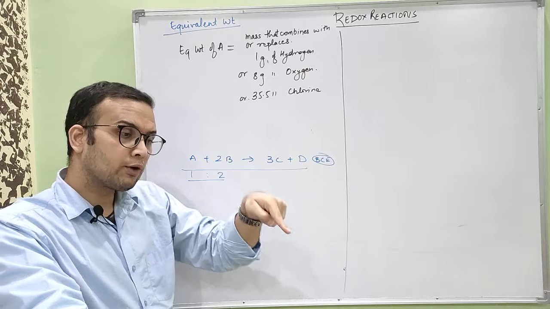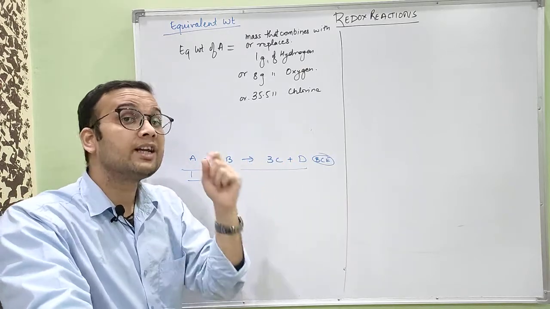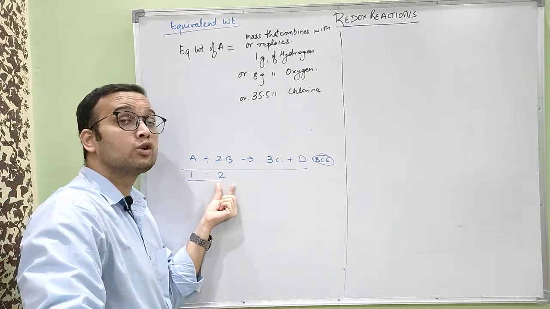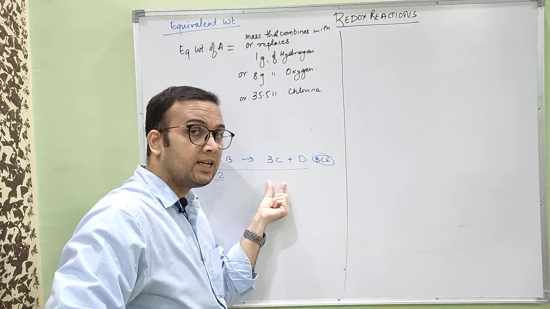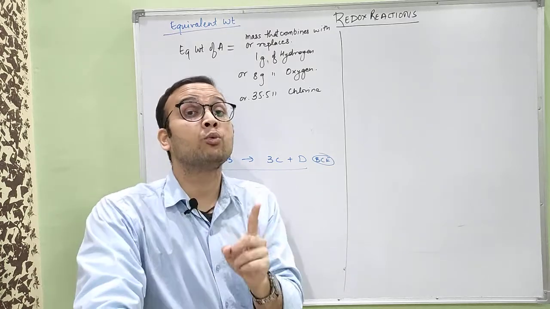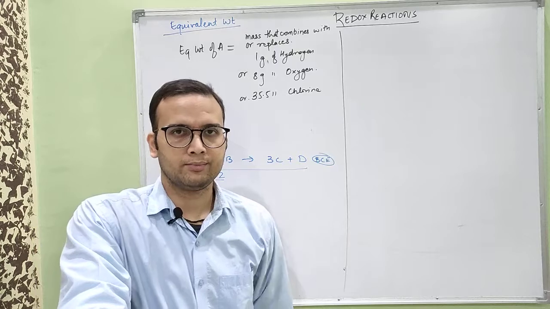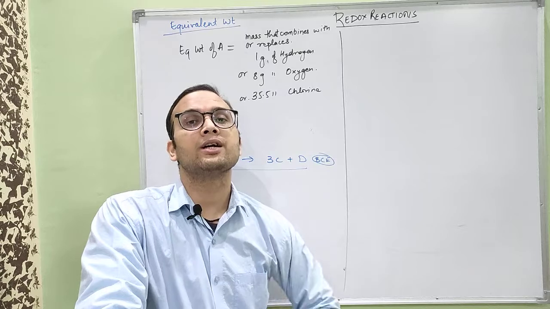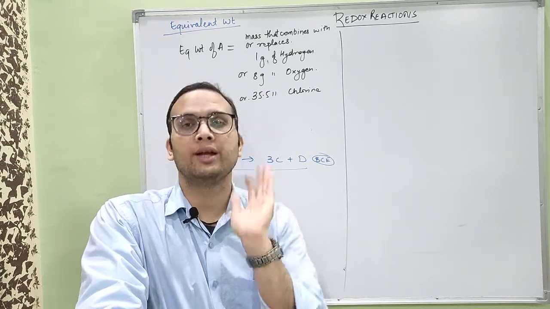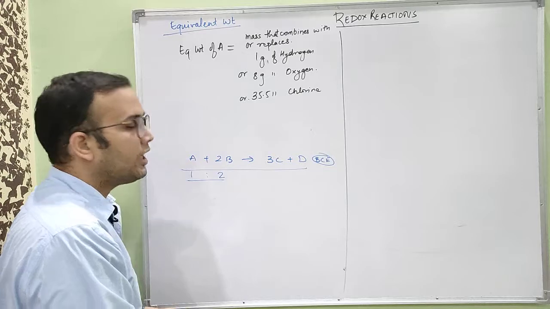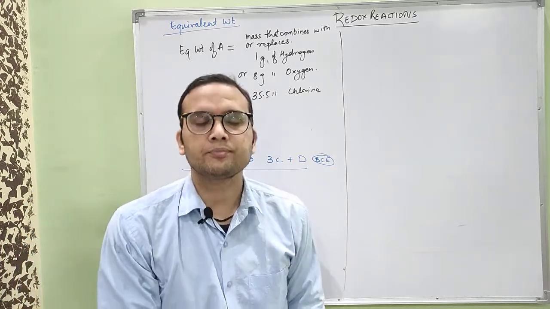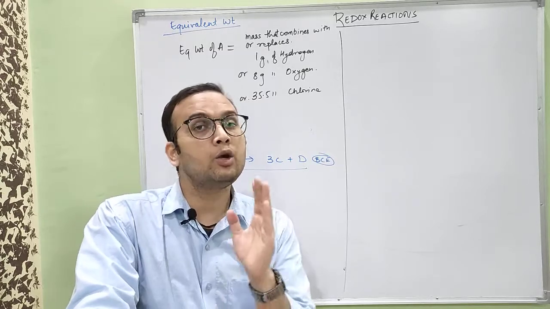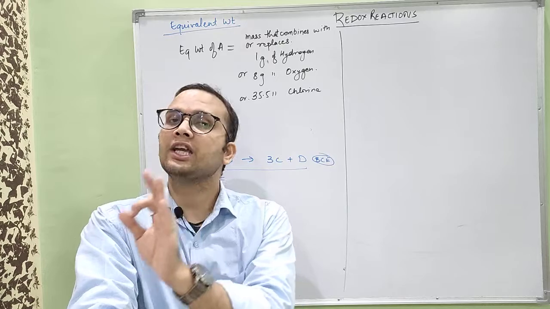But in that particular law of equivalence, we see something. What is that? Number of equivalents of A is equal to number of equivalents of B is equal to number of equivalents of C is equal to number of equivalents of D. Equivalents. What are equivalents? To be able to define that, we first need to calculate something called equivalent weight. Once we are able to calculate equivalent weight, we will be able to calculate equivalence.